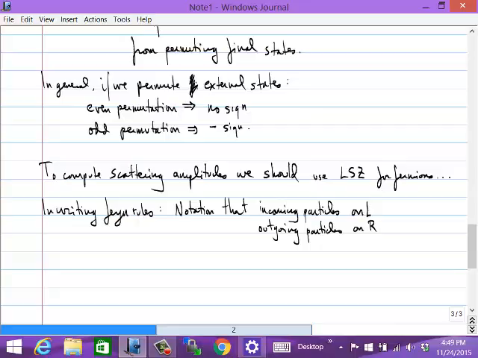An arrow, so for an incoming particle, what this means, for example, is that you would represent an incoming particle as something like that.